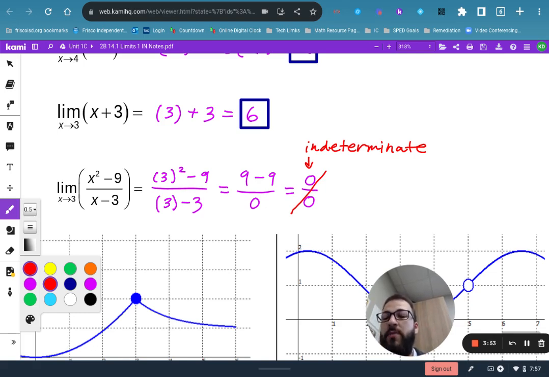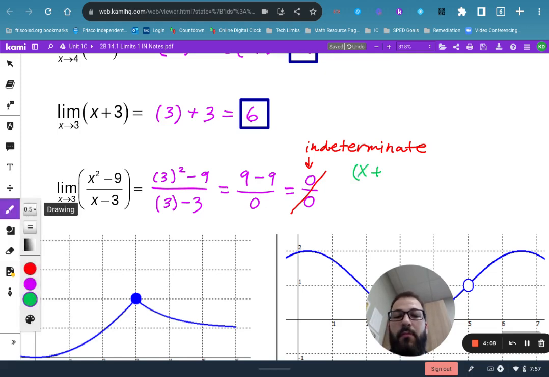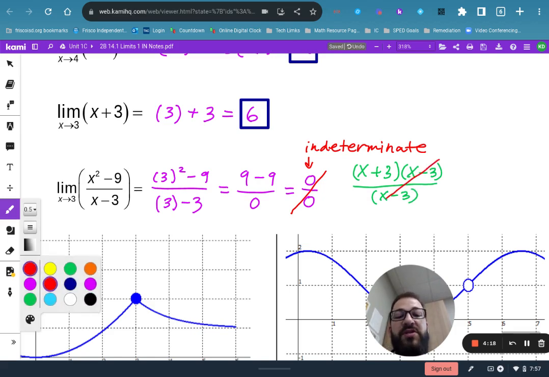And so we can do that by going back and seeing if we can factor or simplify anything. So x squared minus 9 can factor into x plus 3 times x minus 3. And then on the bottom, we still have our x minus 3, which of course now my x minus 3 and x minus 3 cancel out.